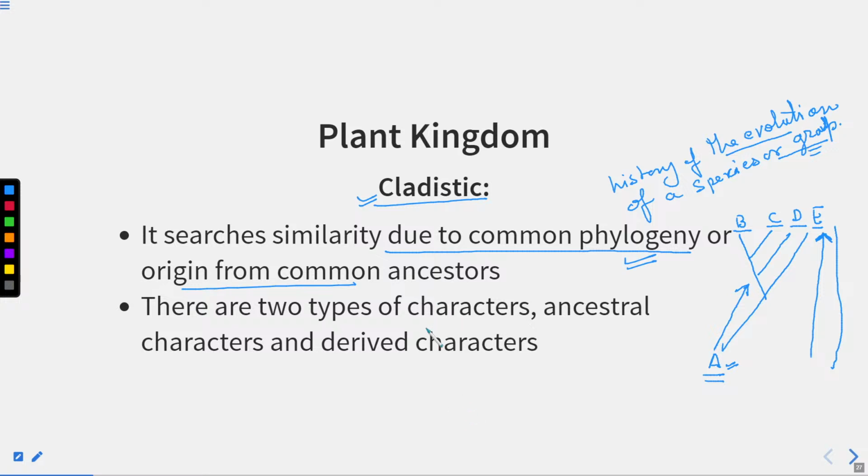There are two types of characters: ancestral characters and derived characters. Ancestral characters are characters that we still have today that came from our ancestors, and over the course of evolution we have derived some other characters, which are called derived characters. Hope it is clear. So that is cladistics.